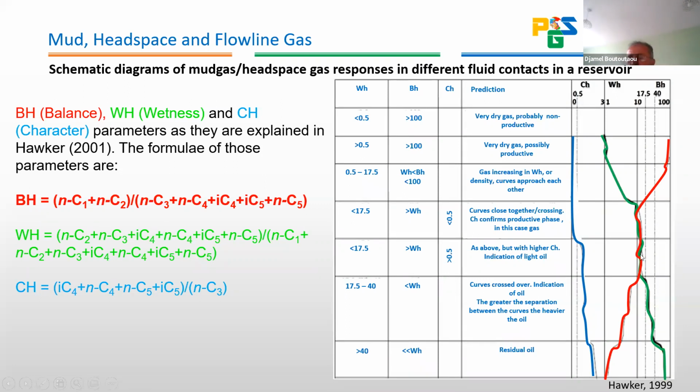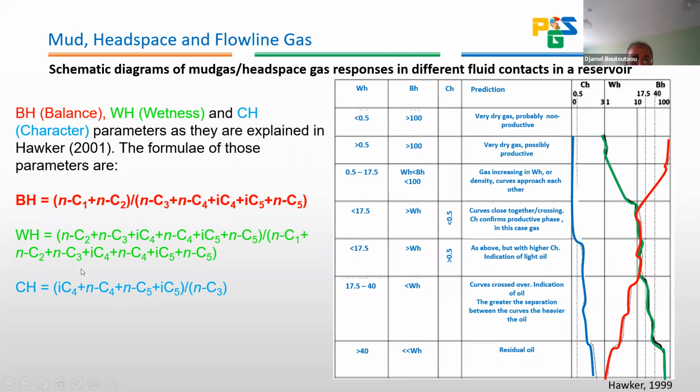When you get something like that, this is where you can have light oil or condensate. And then when you get higher wetness and lower dryness, this is where you have an oil accumulation. We can see the character is also increasing here.